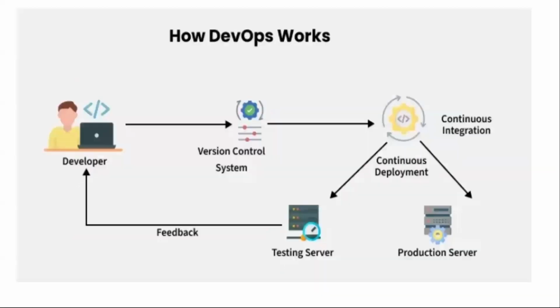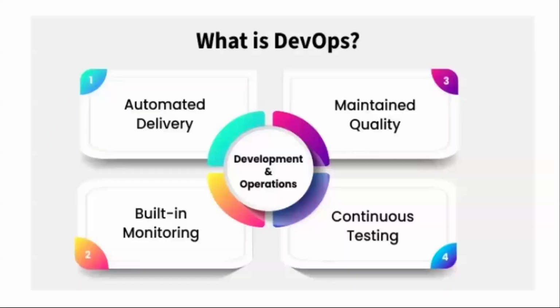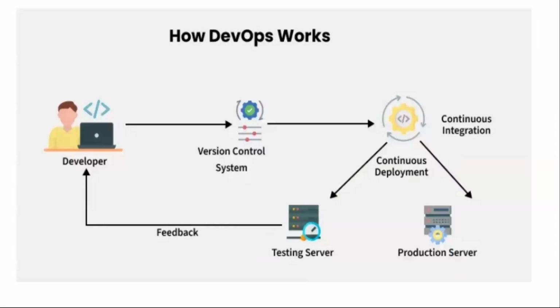So as I mentioned, this is what DevOps is, how you're going to involve automation, development and operations, and how the DevOps worker works with the developer. He's building something, it has been tested, and then you are going to continuously integrate it to the server.